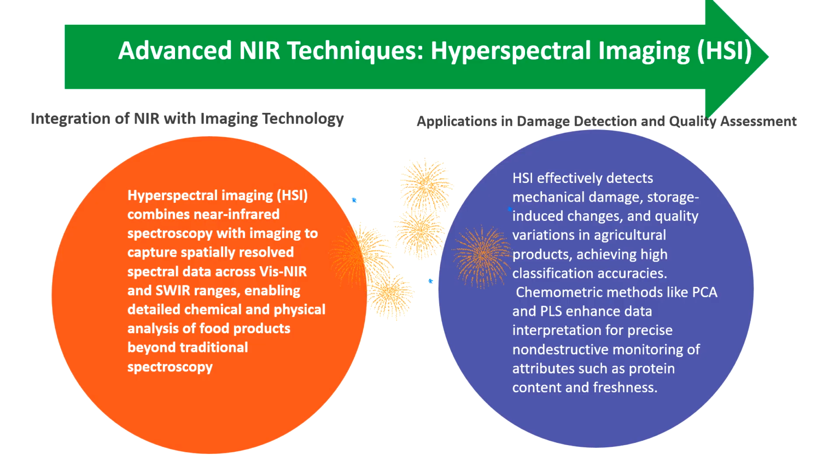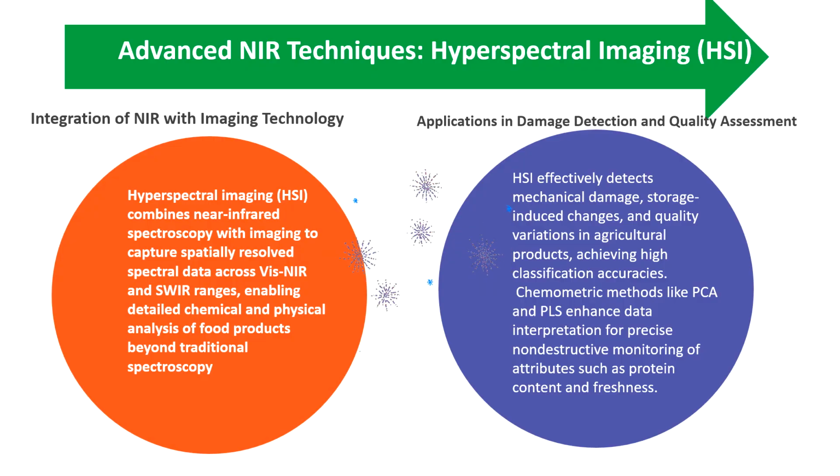Advanced NIR techniques. Hyperspectral imaging. Integration of NIR with imaging technology. Hyperspectral imaging combines near-infrared spectroscopy with imaging to capture spatially resolved spectral data across the VIS, NIR, and SWIR ranges, enabling detailed chemical and physical analysis of food products beyond traditional spectroscopy.